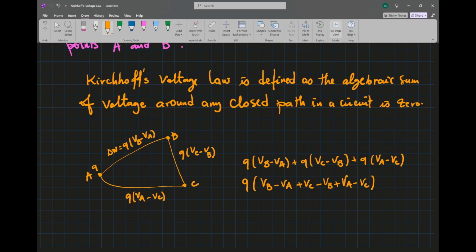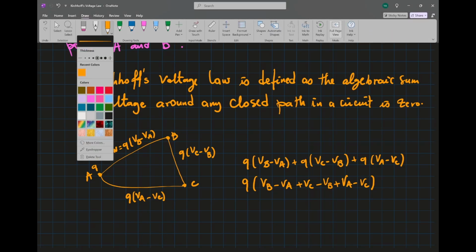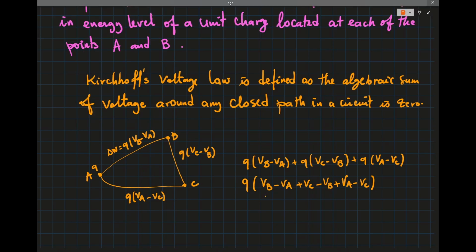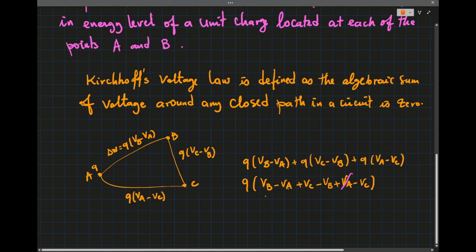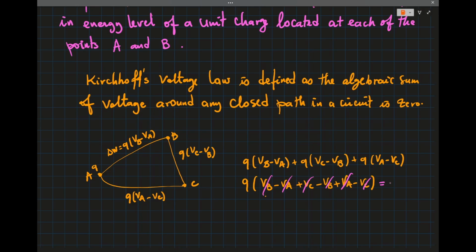So you can see for yourself that this cancels out with this, this with this, and this with this, and this becomes Q times 0, which is 0.